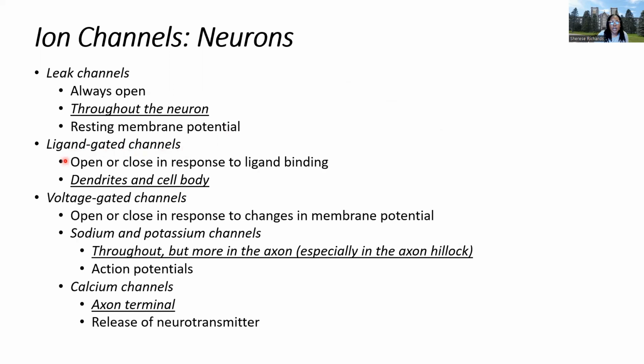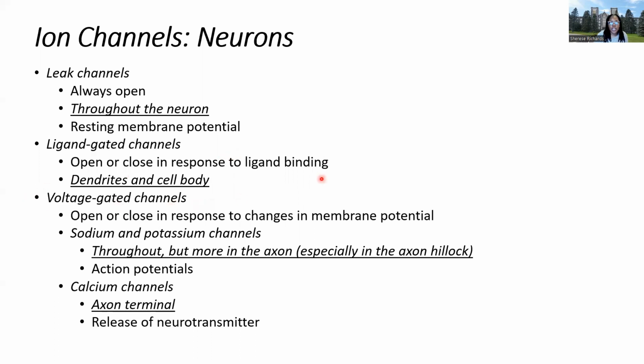Ligand-gated channels are found on the dendrites and the cell body. They're opened or closed depending on the ligand that's bound. When we say ligand here, we're talking about a neurotransmitter or another ion, right? These can be different types of ligands, but something has to bind to open up that channel.